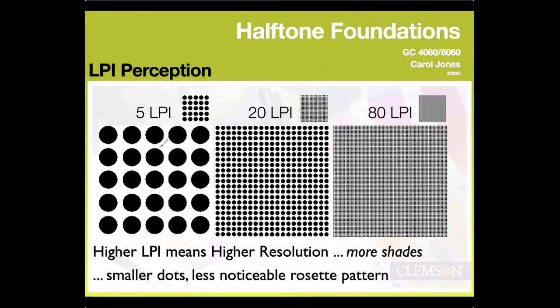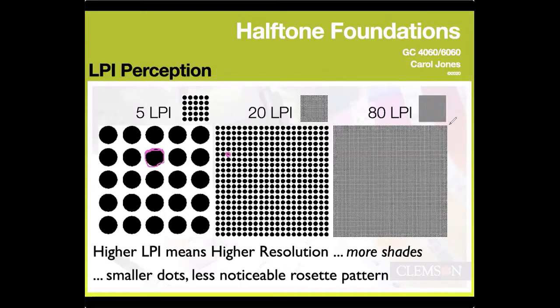If around my 5 LPI I got a little bit of gain around here, and pardon my drawing, it's not going to be nearly as significant as if I looked at my 20 LPI growing.